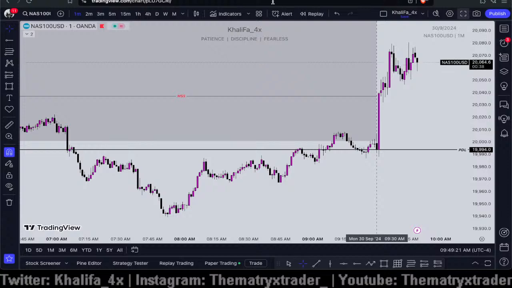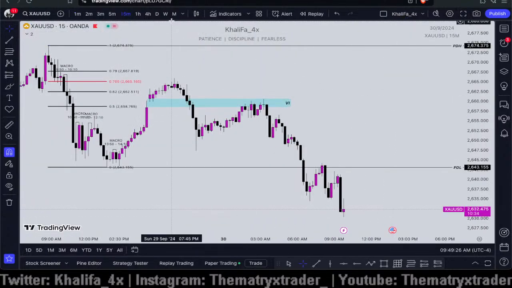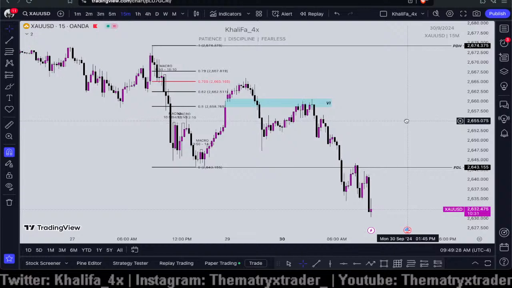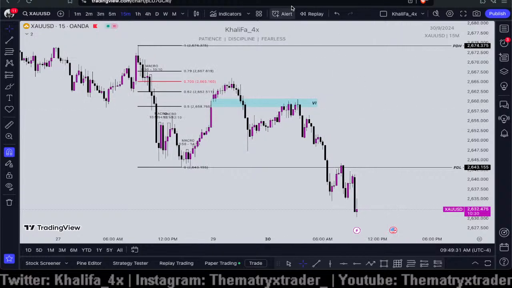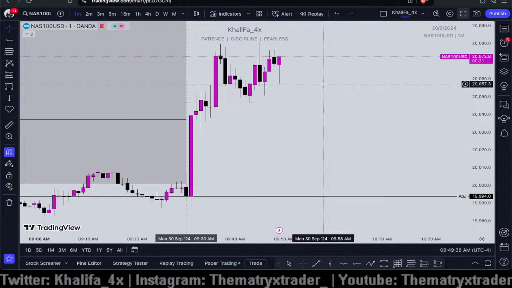Okay, gold keeps going lower and lower and lower. See, volume and balance are actually way too fascinating to go for entries.